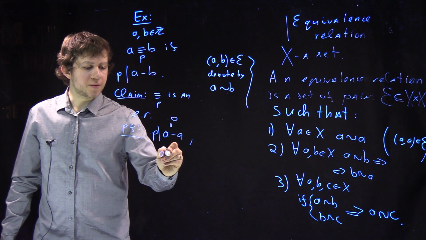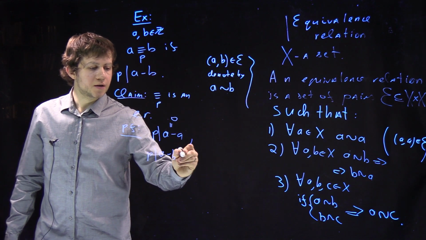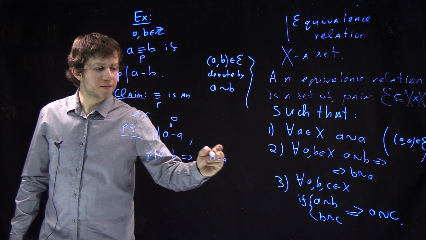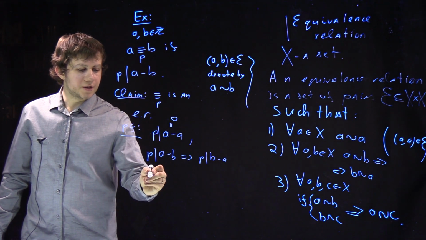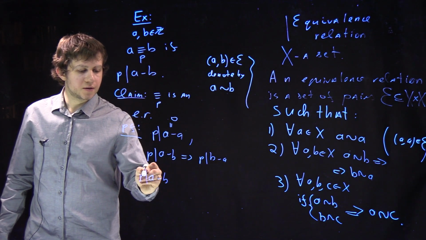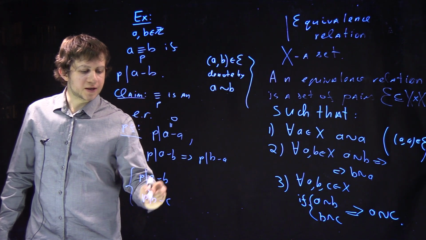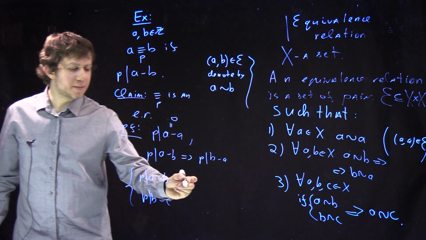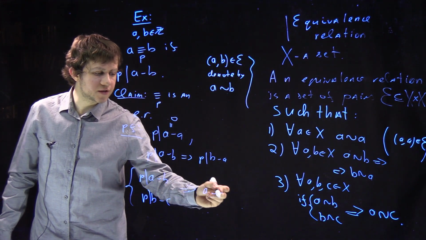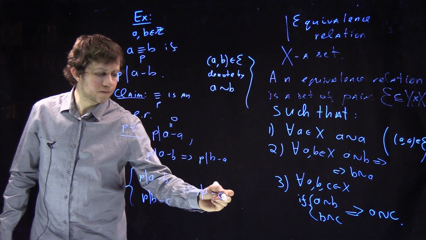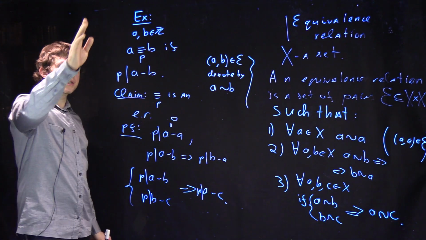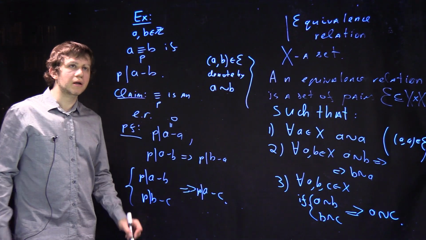And also if A minus B is divisible by P, then of course B minus A is divisible by P. And finally, if A minus B is divisible by P and B minus C is divisible by P, then one can add up two numbers divisible by P and get that A minus C is divisible by P. So this is a great example of an equivalence relation.